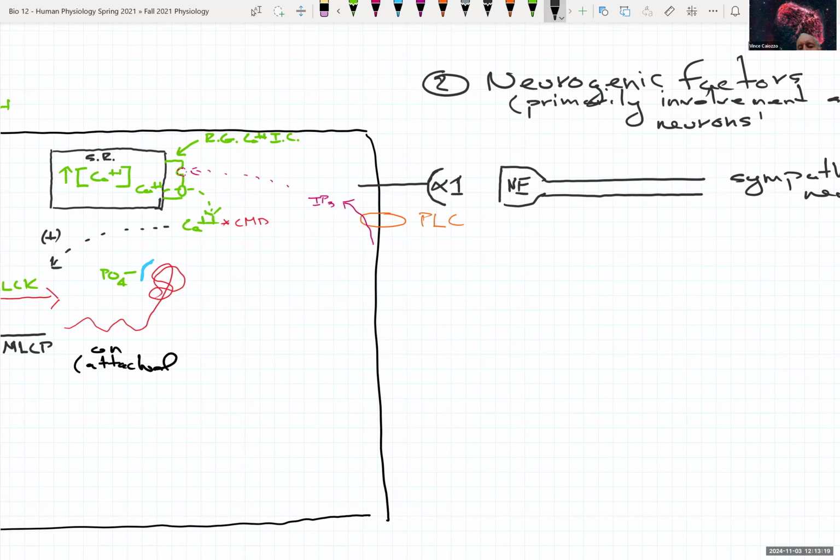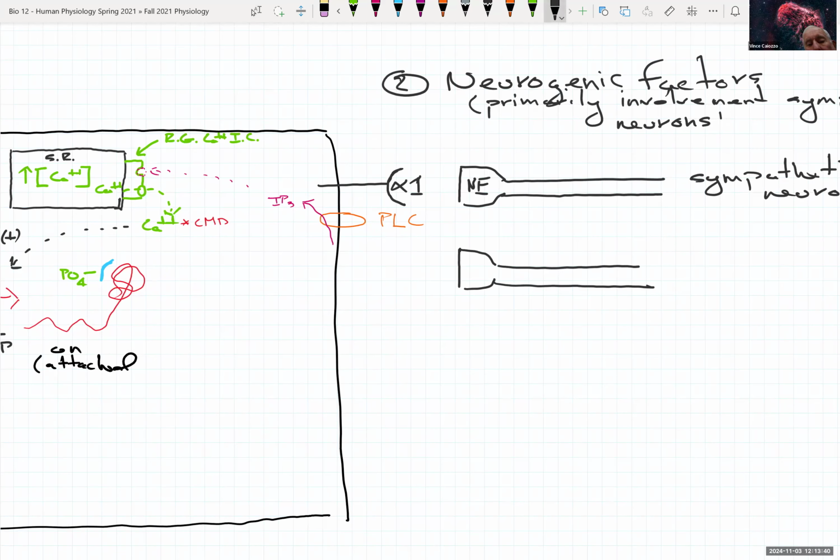Well, instead of having a sympathetic neuron that's acting on the alpha-1 adrenergic receptor, we could instead have beta-2 adrenergic receptors.